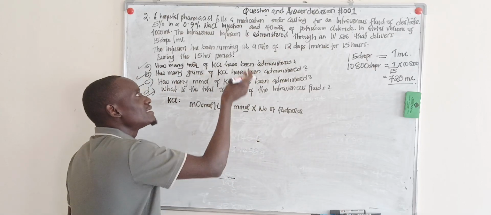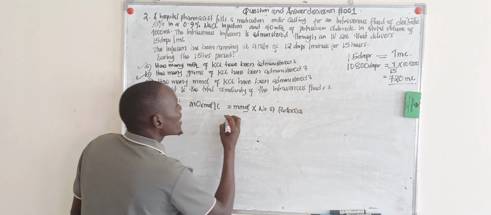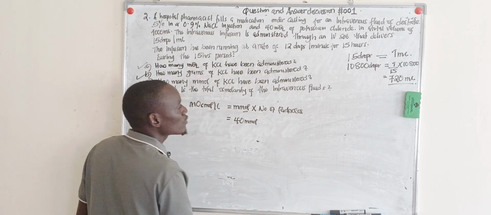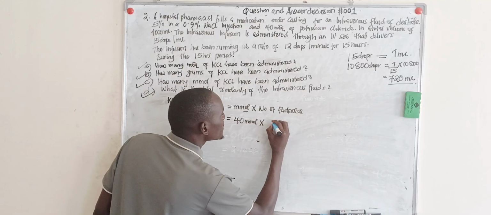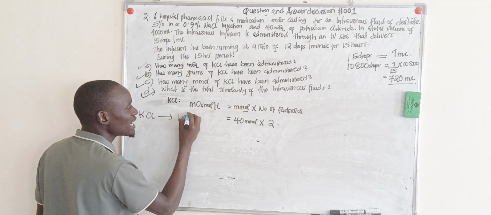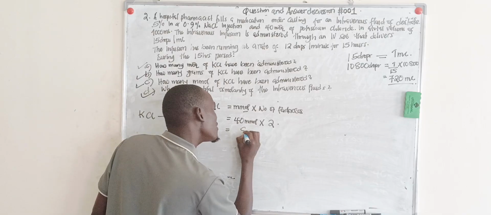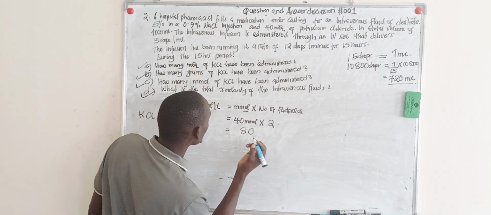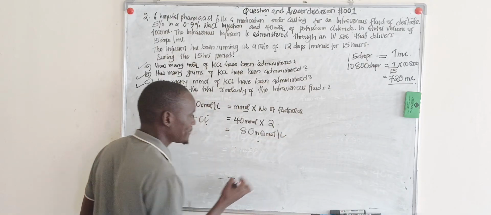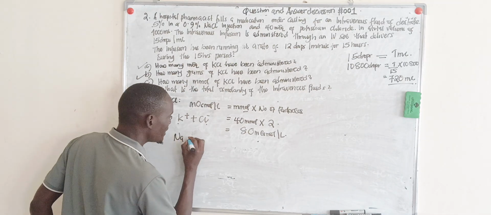But remember, since potassium chloride has one valence, we also have 40 millimoles of potassium chloride being multiplied by 2, because potassium chloride dissociates to produce potassium ion plus chloride ion. So we have 2 particles. When we multiply this, we shall have 80 millimoles per liter.